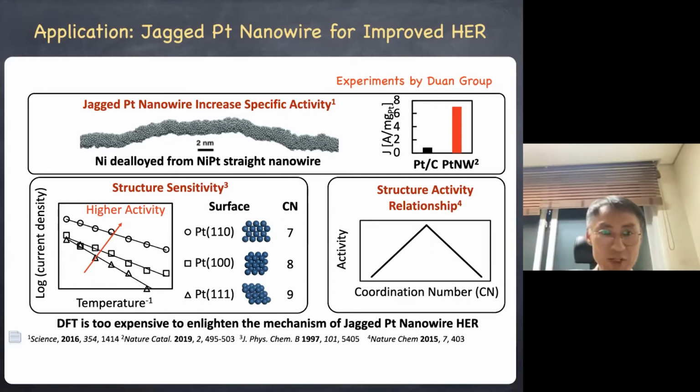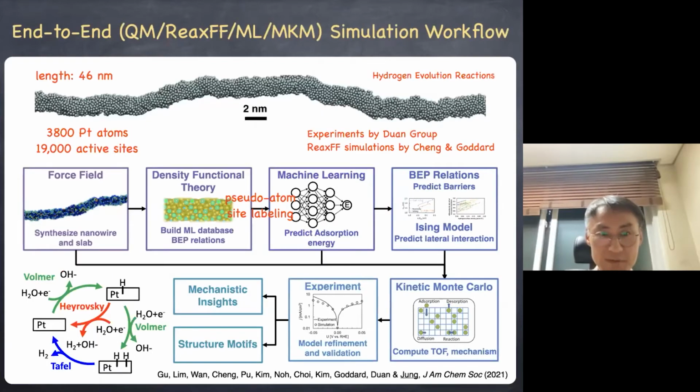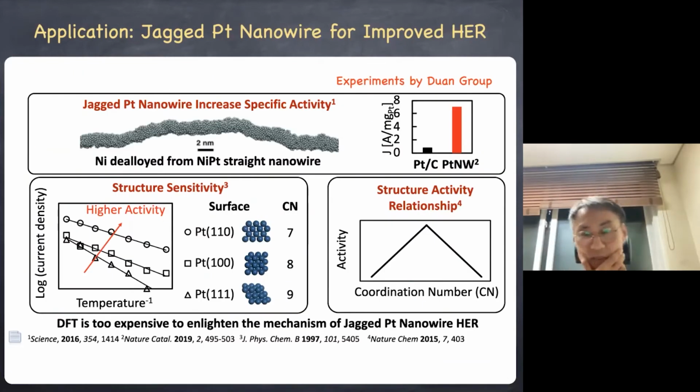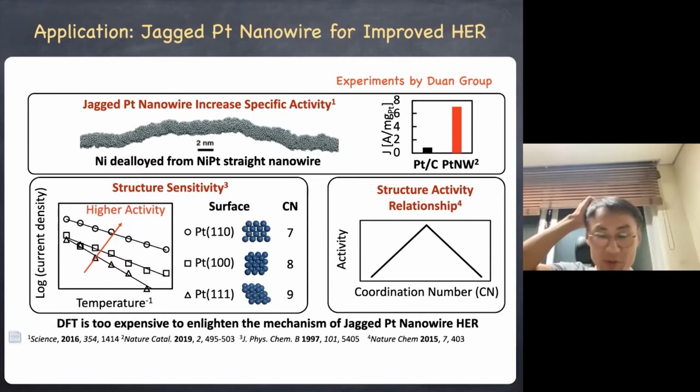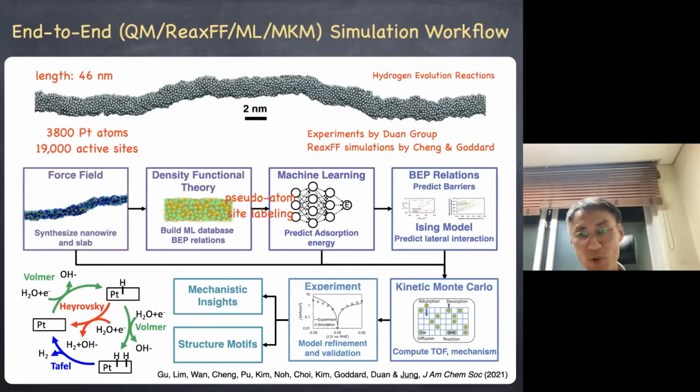Instead, you need to evaluate every single active site of this entire jagged platinum nanowire, and then take some kind of ensemble average. One cannot simply do the geometry optimization for every single site, and that's where we needed this kind of method, which allows us to predict the binding energies without geometry relaxations.